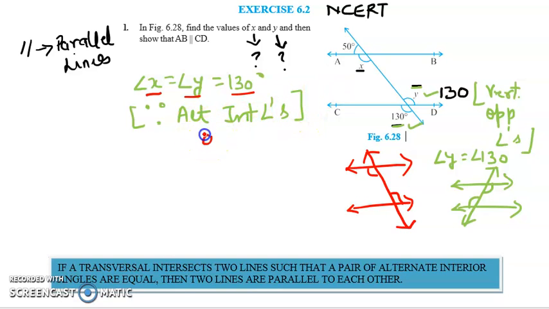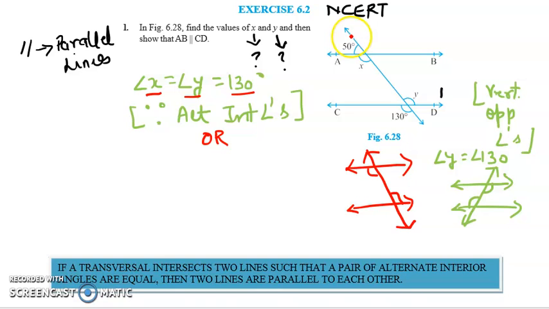Or, let me rub this one minute, I'll tell you another method also. There is another method, you can do by that method also if you find it comfortable, whichever method you find easy.